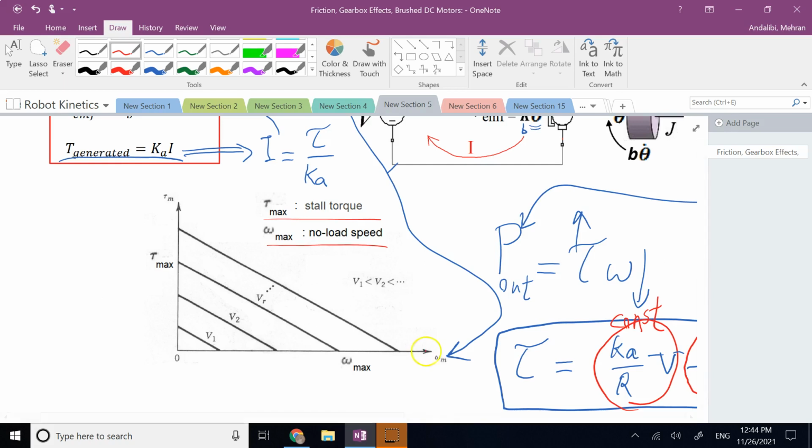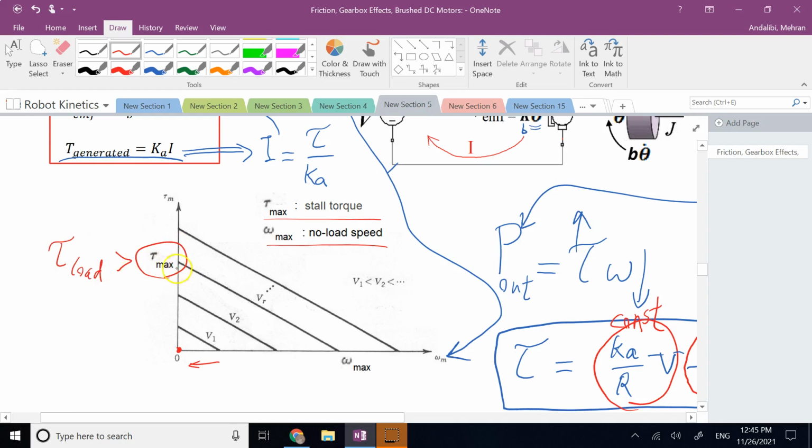In that case, omega of the motor comes all the way to zero. It cannot spin, and that is where the motor gives you the maximum torque it can, although still might not be enough to turn the system, right? Because this is less than the tau that you need from the load.